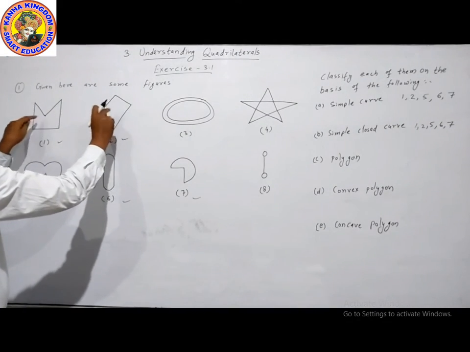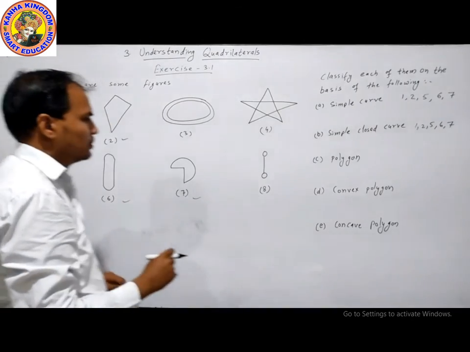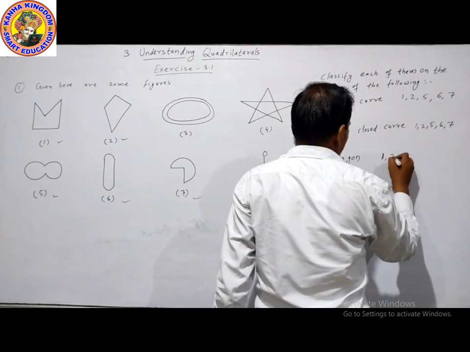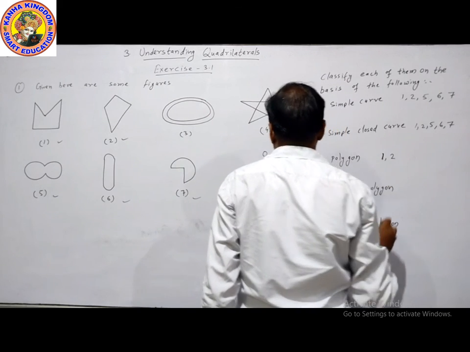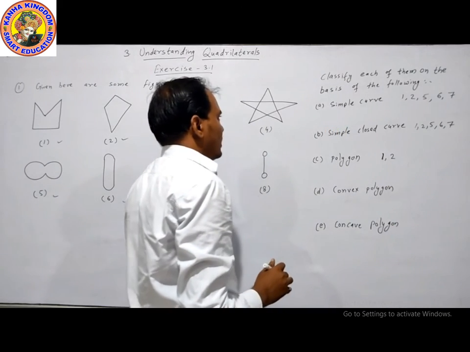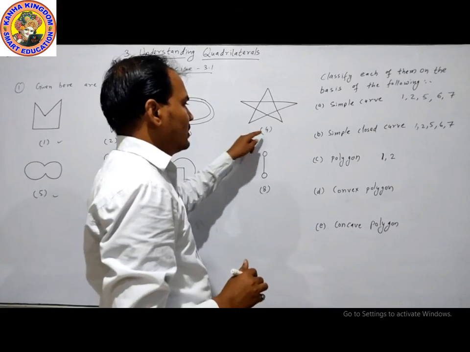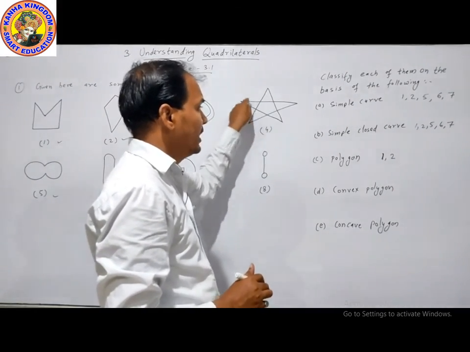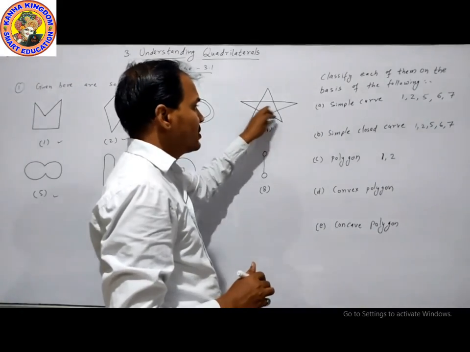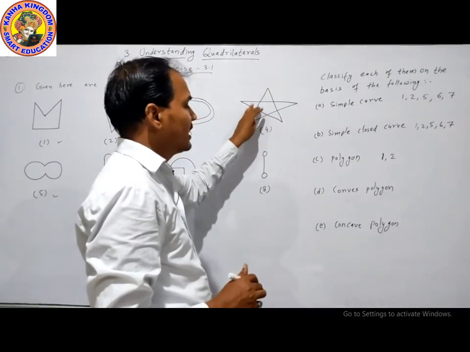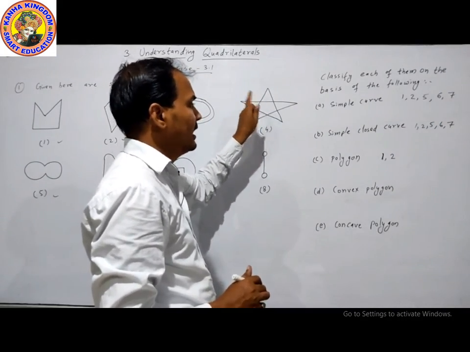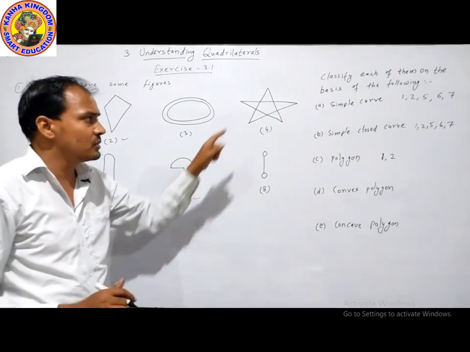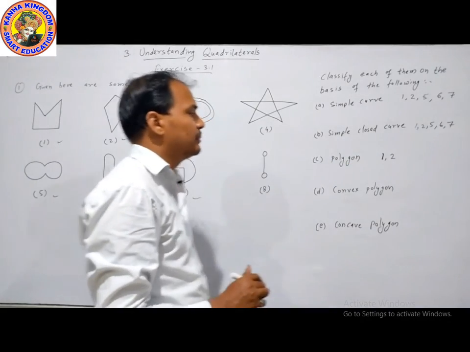Only 2 diagrams are made by lines. So the polygons are 1, 2, and another we can take is 4. But this one is not a polygon, as it is joined by 6 different polygons. It is a mixture of polygons, not a single polygon, so we cannot take this in the polygon category.